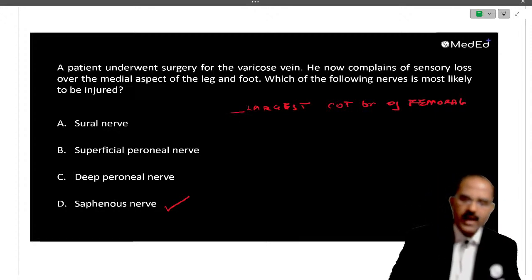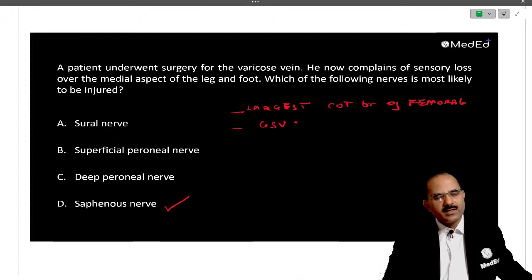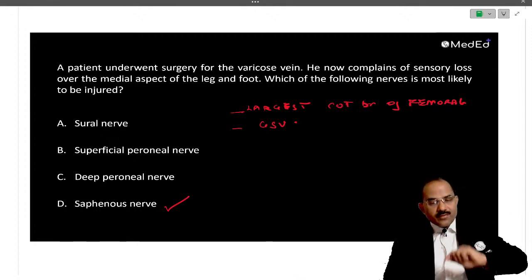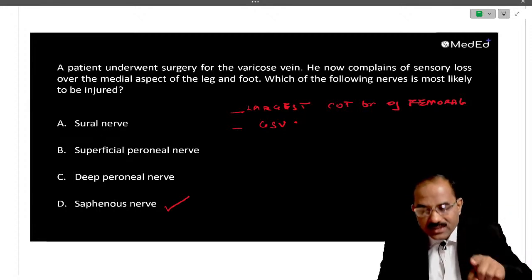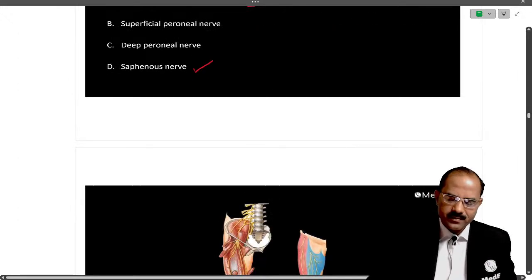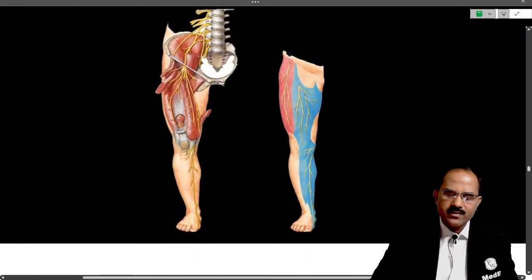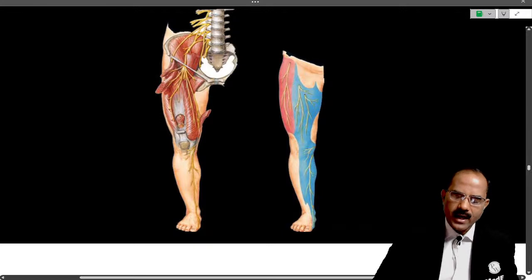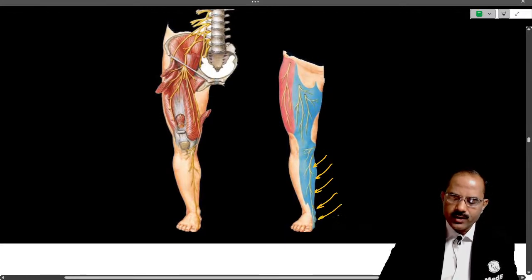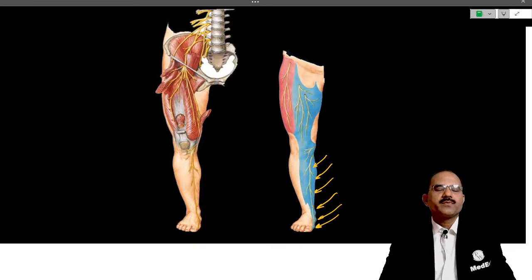The saphenous nerve accompanies the great saphenous vein. It supplies the skin on the medial aspect of the leg and the foot up to the great toe.